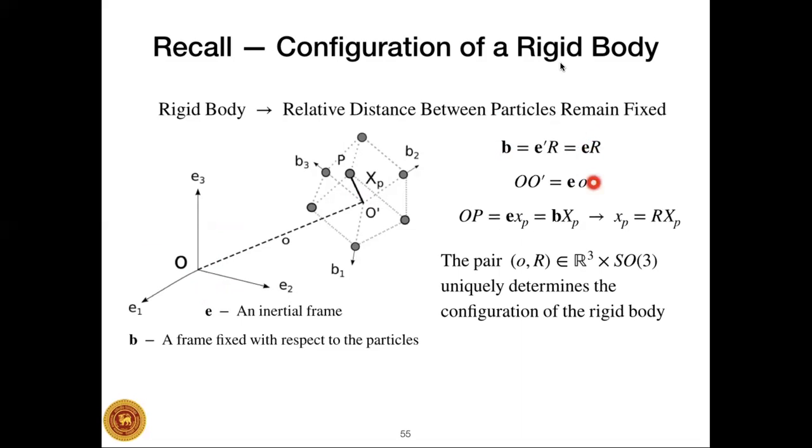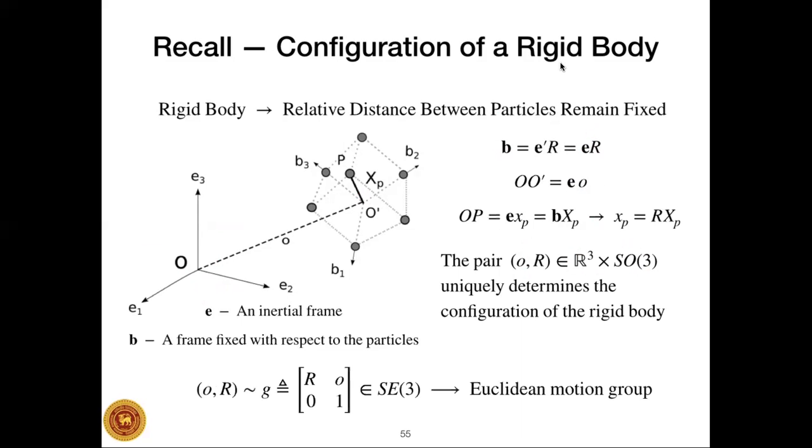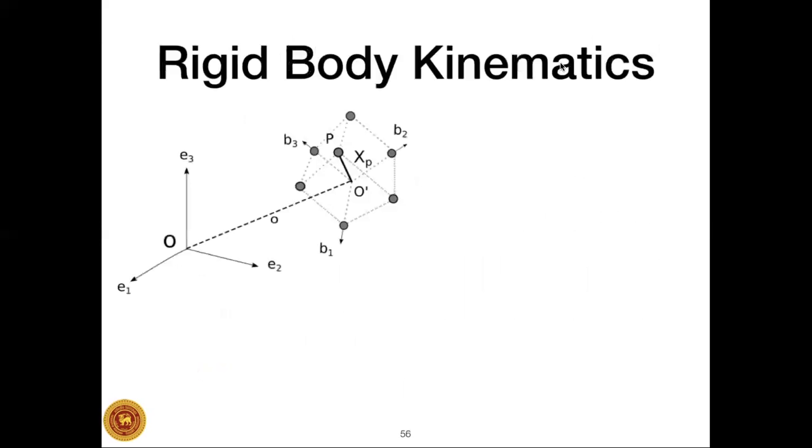So the pair O and R, where O is an element of R^3, an ordered triple of numbers, and R is an element of the special orthogonal matrices, uniquely determines the configuration of a rigid body. We also saw that this pair can be written as a 4x4 matrix, and the set of all possible such 4x4 matrices is called the Euclidean motion group.